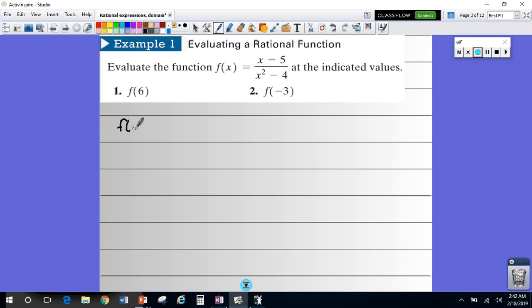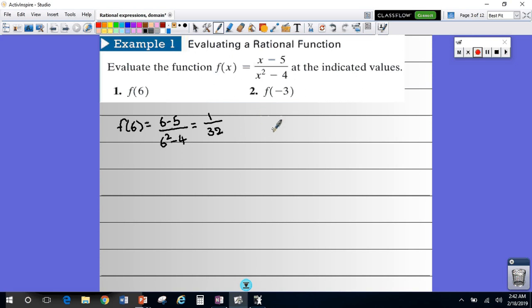Just substitute x equals 6 in the given function. So f of 6 equals 6 minus 5 over 6 square minus 4. So 6 minus 5 gives you 1. This is 36 minus 4, which gives you 32.